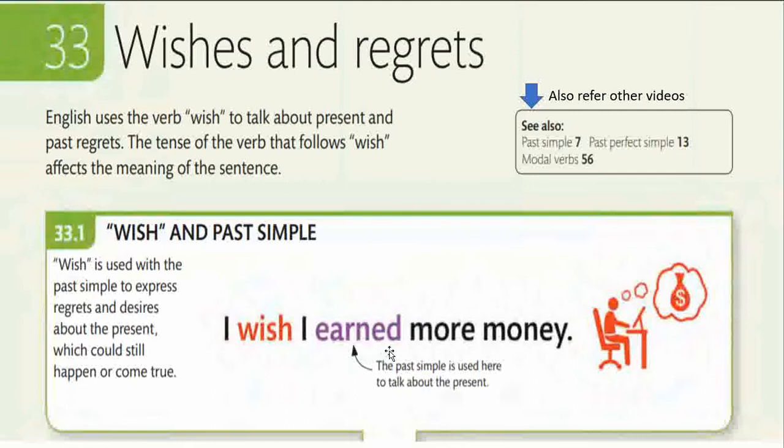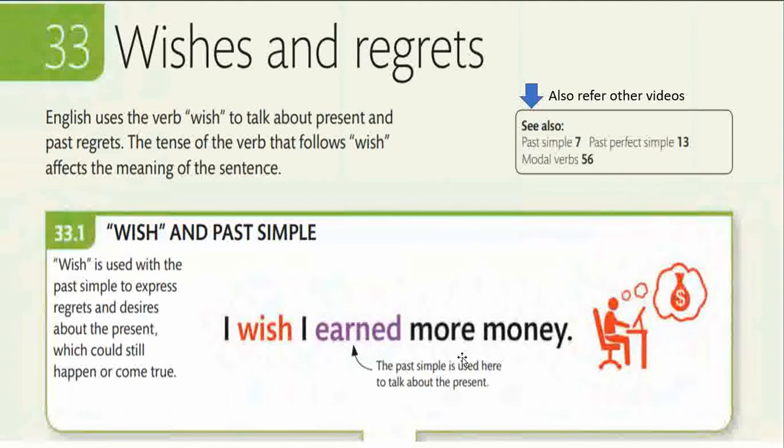So it is simple past. The simple past is used here to talk about the present. That means we are still in the present zone and we are talking about something that is in the present. And the outcome can change. It can become true. You can make amends and make sure the outcome changes.